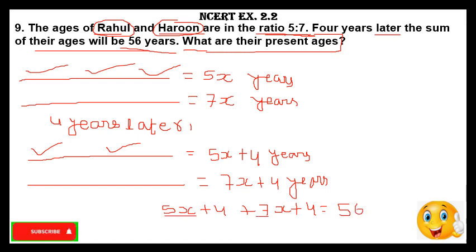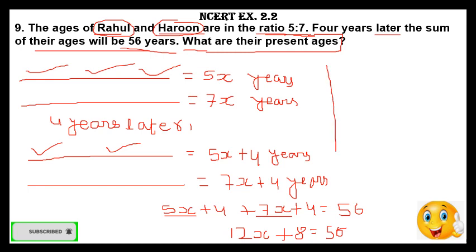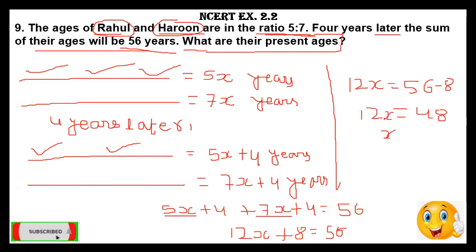So 5x and 7x is equal to 12x, and then 4 plus 4 we have 8, is equal to 56. So 12x plus 8 is equal to 56, and 12x can be written as 56 minus 8. The difference is 48. 12x we have got 48, and the value of x we have here is 48 divided by 12.